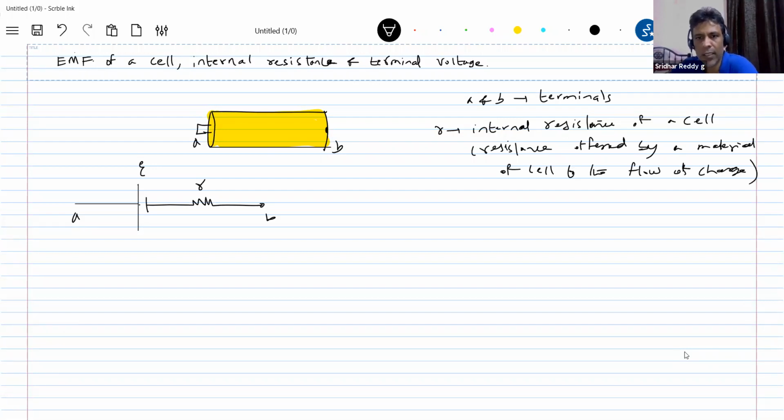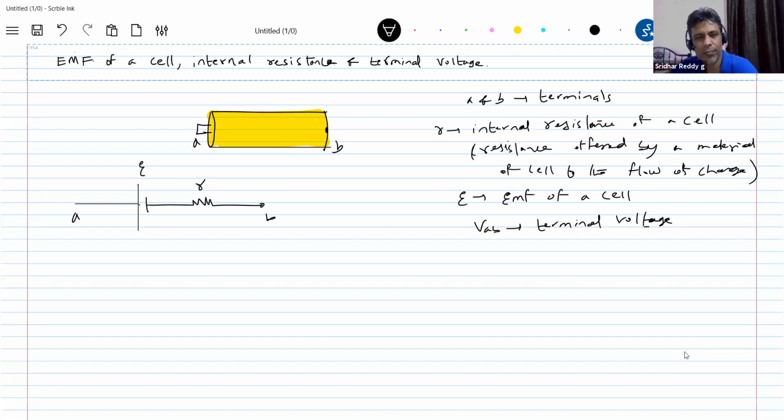This symbol is called the electromotive force, or EMF, of a cell, and V_AB is called the terminal voltage. These are the terms which I'll be using frequently here.